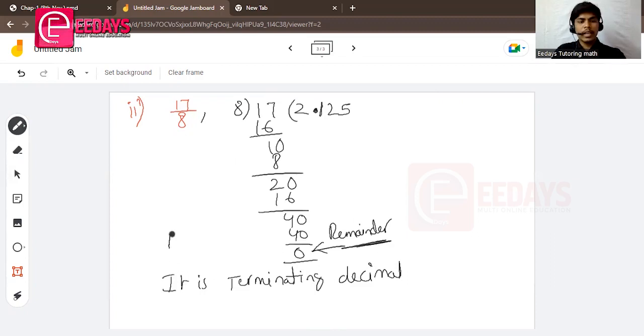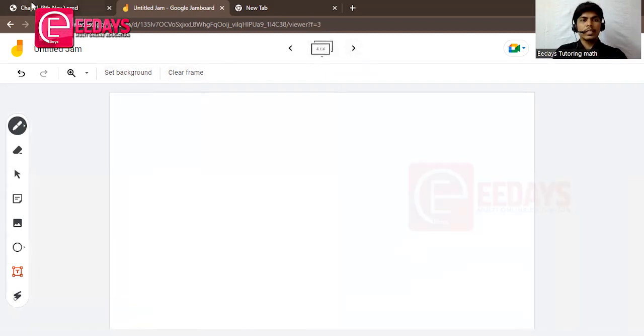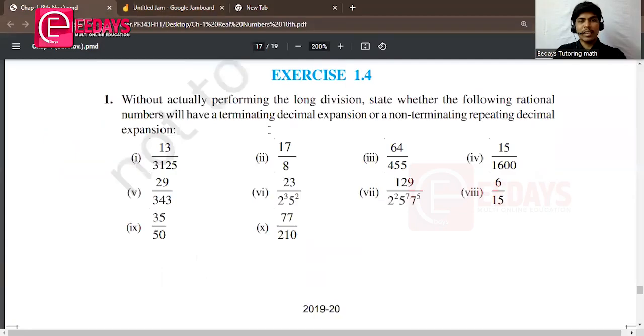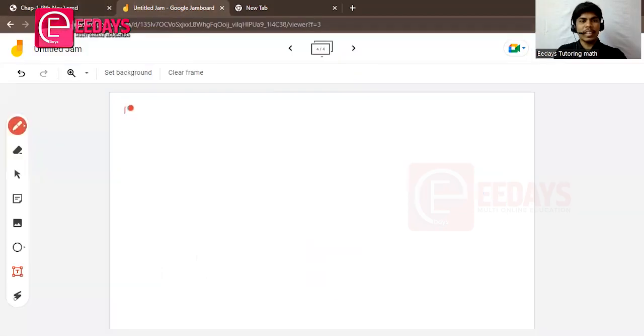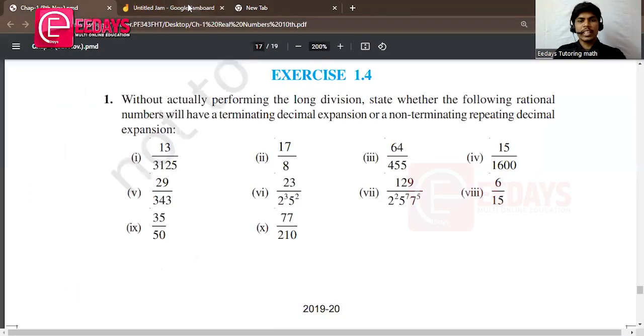So 17 by 8 is a terminating decimal at 2.125. It just stopped at 5, so that's why it is terminated at 5. All right, simple, right? It is simple at the start, but if you solve the bigger question, then it might be complicated. Let's do the next one, because in the first two questions we are getting terminating.